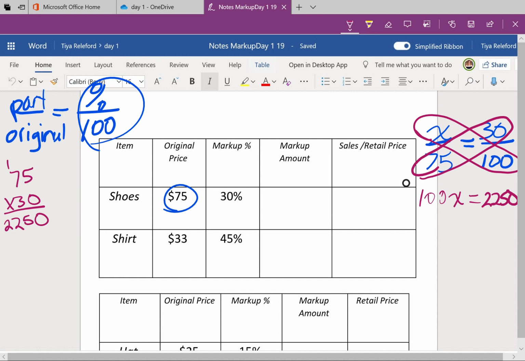Once we have our proportion drawn, we use it to make this equation. And once we have the equation, we don't care about the proportion anymore. It's just not important.